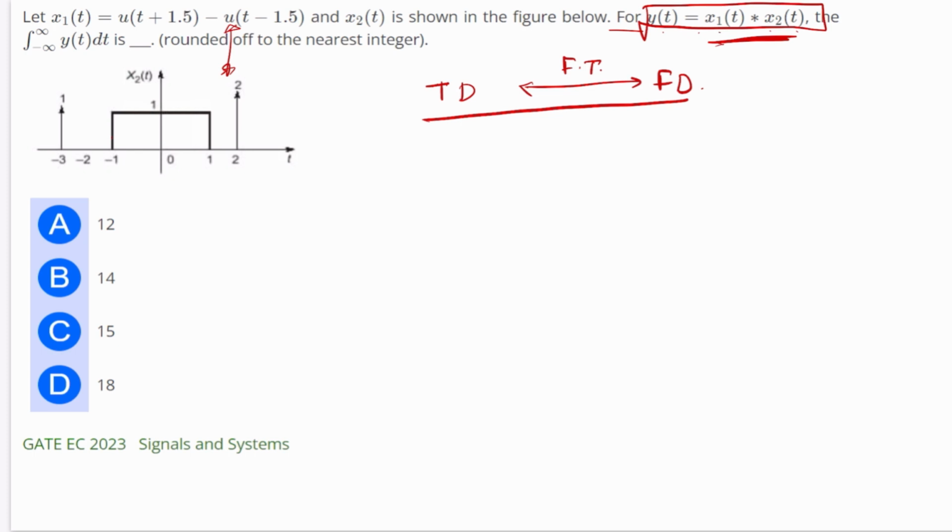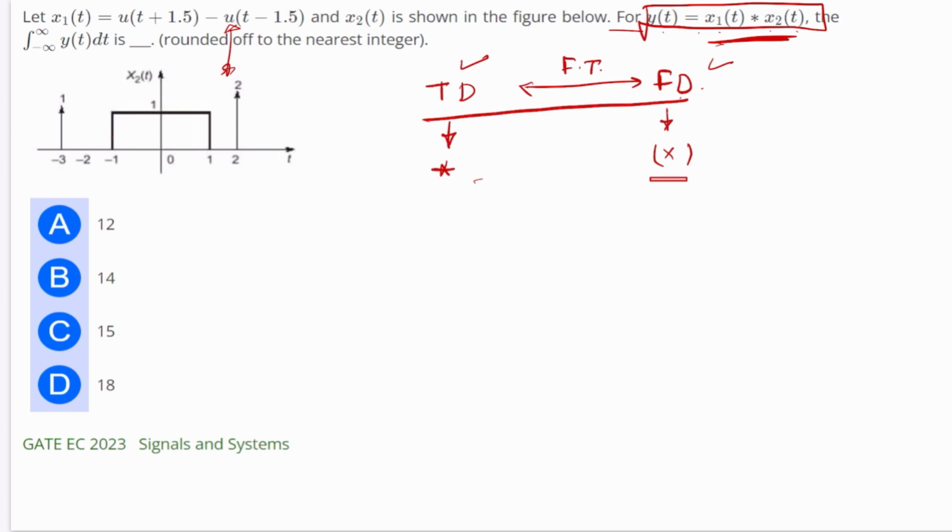We know that when there is convolution in time domain, in frequency domain it becomes a multiplication operator. So convolution in time domain is multiplication in frequency domain and vice versa: convolution in frequency domain is multiplication in time domain.